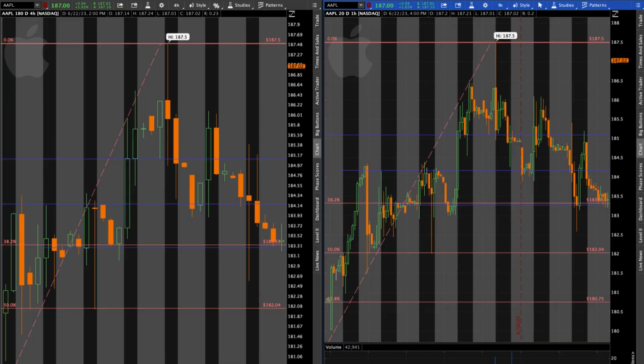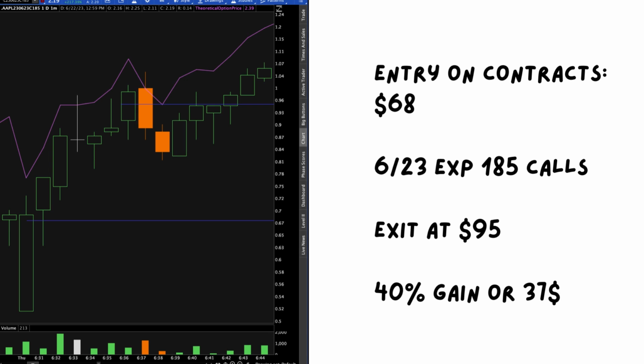Switching over to the 4 and 1 hour charts, I saw that this 183.33 level held pretty strongly during pre-market, and at open we were set to likely bounce off this level of support, which is why I decided to take the 623 expiration 185 calls.